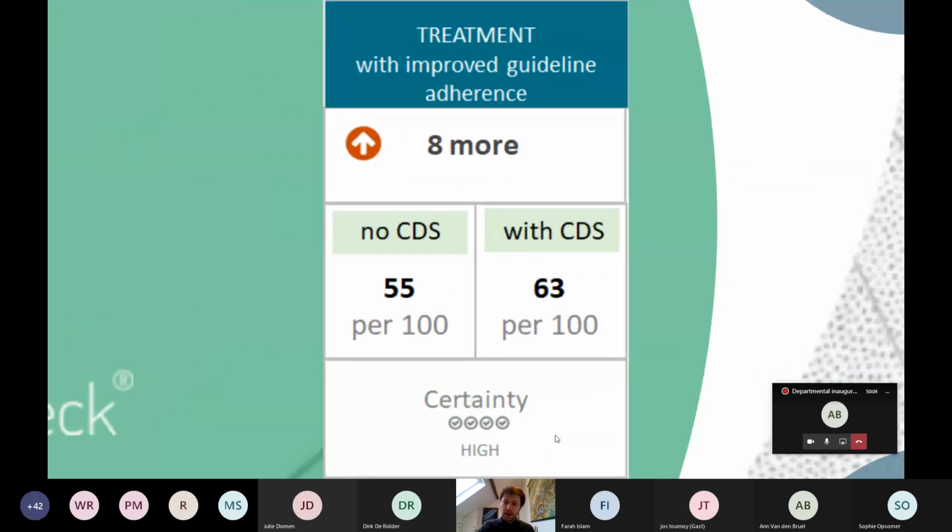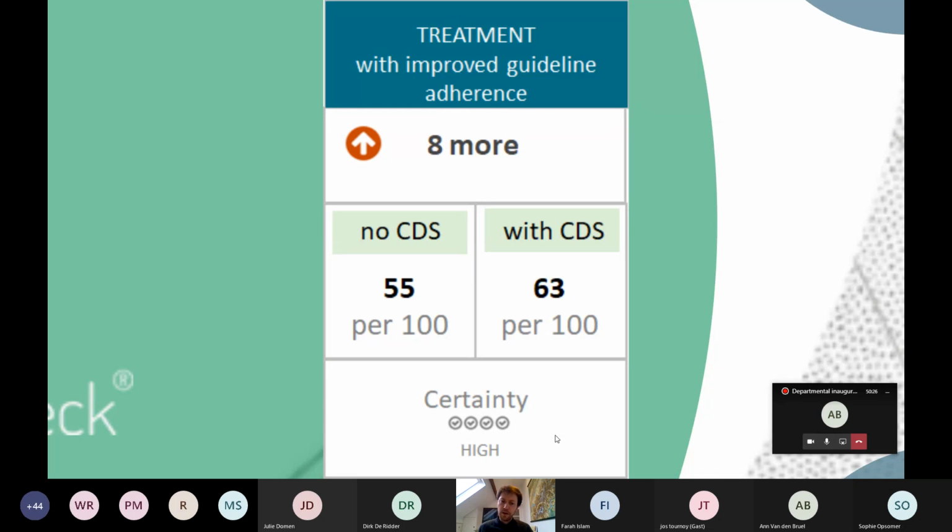And then I'm afraid I have to be a little bit pessimistic. We see that many of these clinical decision support systems don't actually deliver what they promise, and they perform under what we expect them to do.